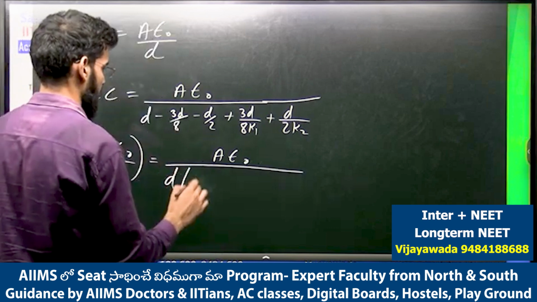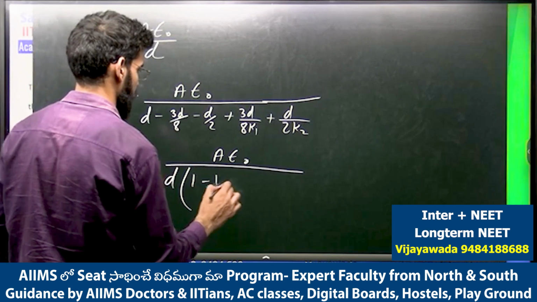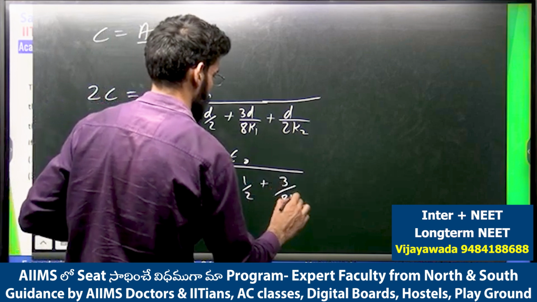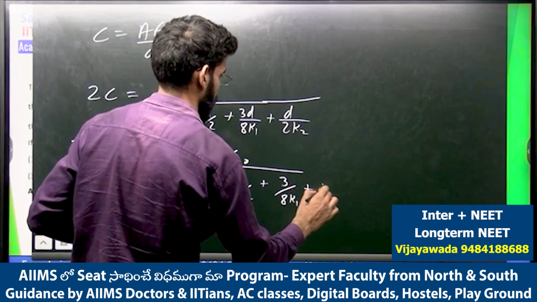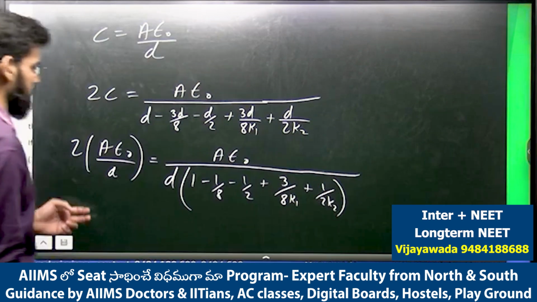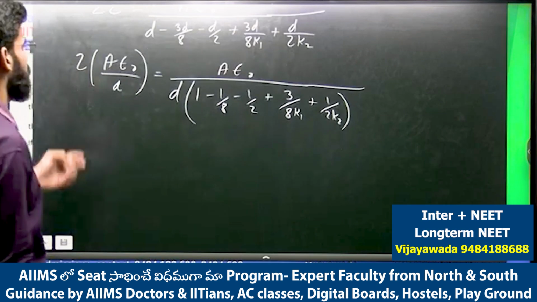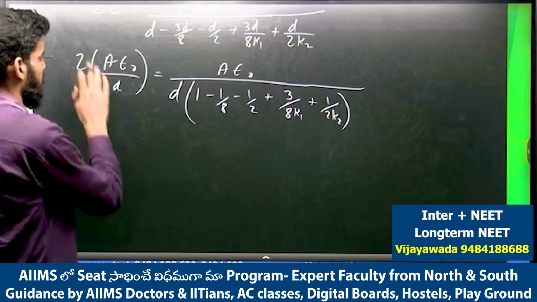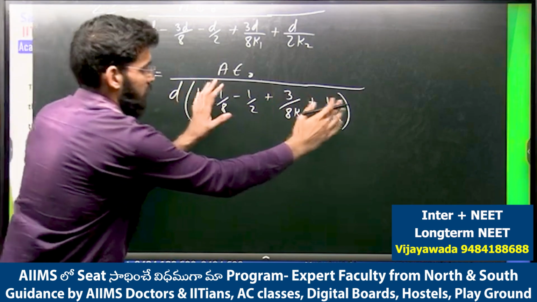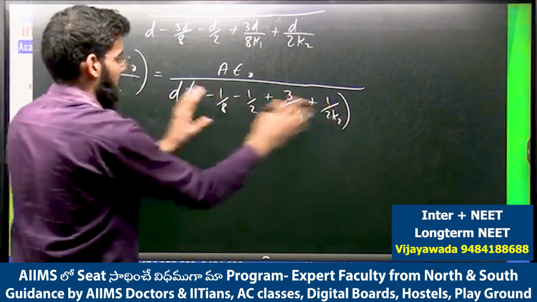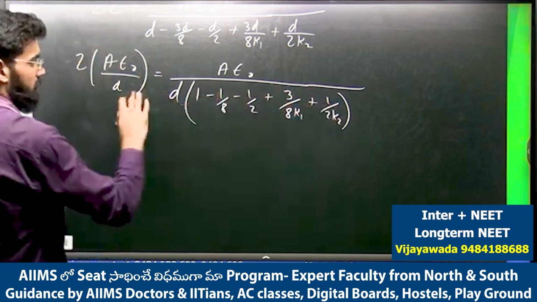Out of this you will have 1 minus 1 by 8 minus 1 by 2 plus 3 by 8 K1 and plus 1 by 2 K2. Okay. Here A epsilon naught by D cancels out, so the 2 you bring this side and this whole bracket factor that side. Understand this? So you will have 1 by 2 on that side.